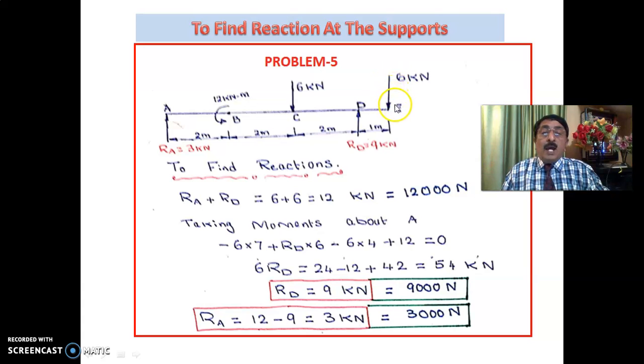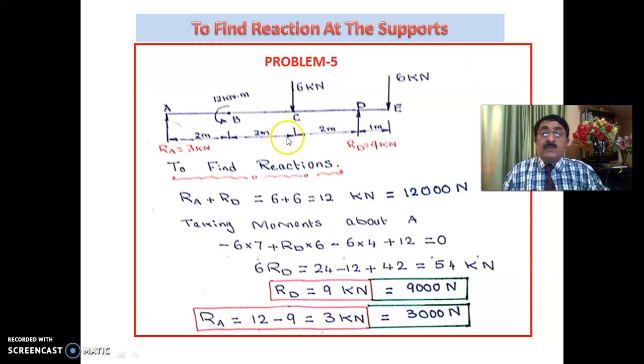I have told you all anti-clockwise moments I'll take positive, clockwise moments I'll take negative. Taking moments about A, this is 6 into 7, a clockwise moment, so you take negative: minus 6 into 7, plus RD into 6, which is anti-clockwise.